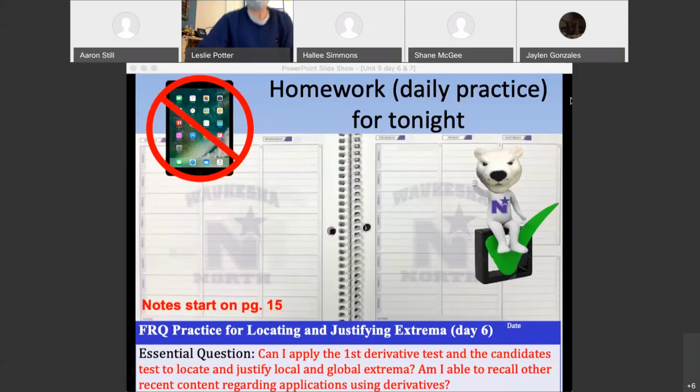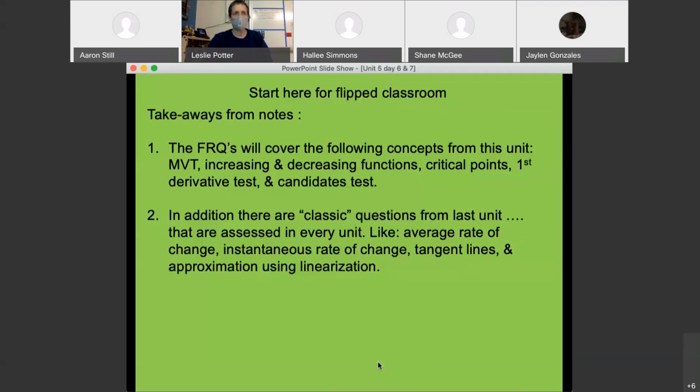So, twofold essential question. And the takeaways, I'm using air quotes again because there are no notes. The free response will cover the following concepts of this unit: mean value theorem, increasing and decreasing functions, critical points, first derivative test, candidates test.